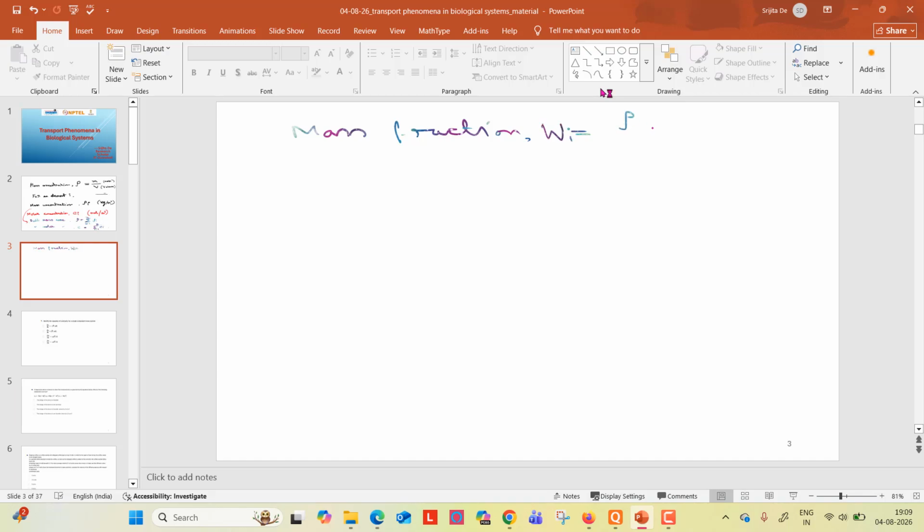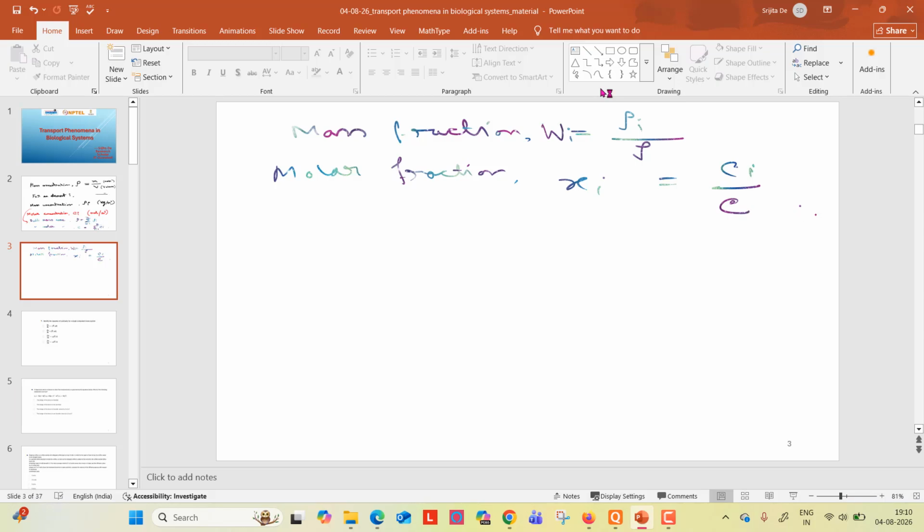So it is rho i, that means the mass concentration of that one particular element i, divided by the total mass concentration, right? And molar fraction is Xi equals Ci by C, right?